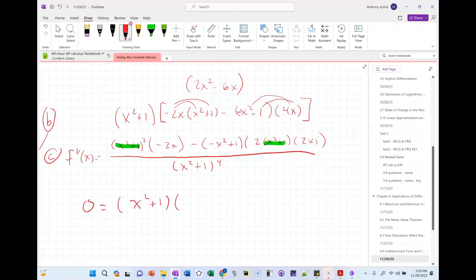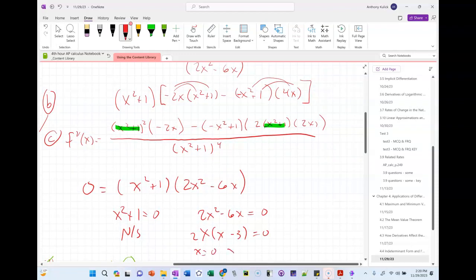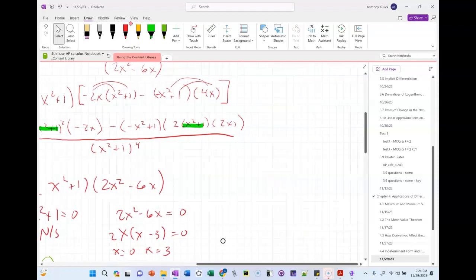Again, it's a fraction, so all I have to worry about is where the numerator is equal to 0 and the denominator is not 0, but the denominator can't be 0 anywhere, so I really only need to worry about the numerator. I apply my zero product property. This has no solution, as we've established earlier. To solve this, I'm going to factor out a greatest common factor of 2x. So I get 0 and 3 as my possible inflection points.